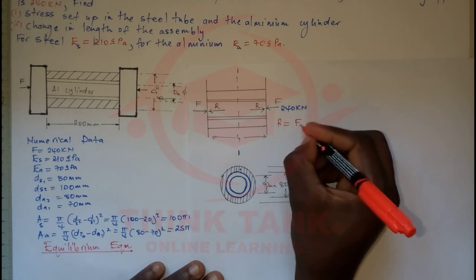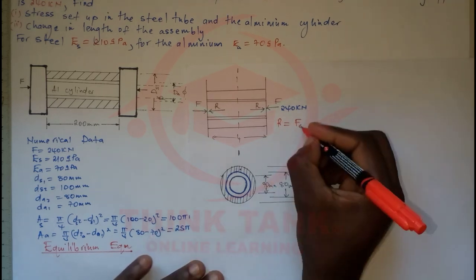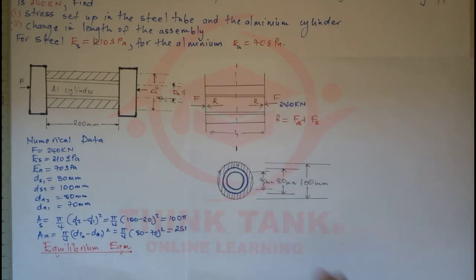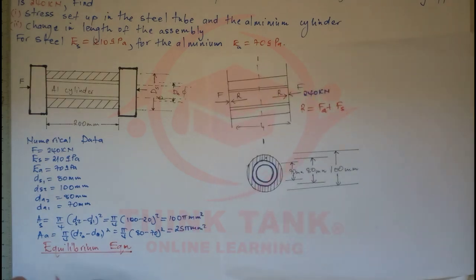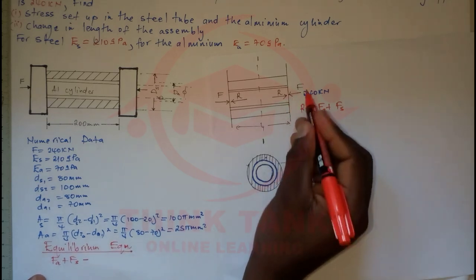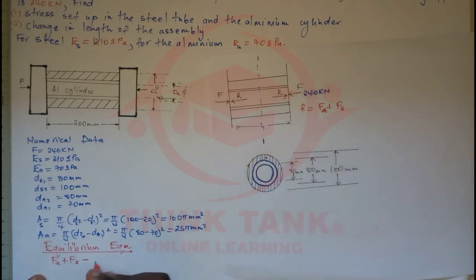R is equal to the reaction force of the aluminium plus the reaction force of the steel. There's no copper, just steel and aluminium. That means Fa for aluminium plus Fs, which is the force of the steel, minus the opposing force, which is the applied compressive force F, should give us 0.